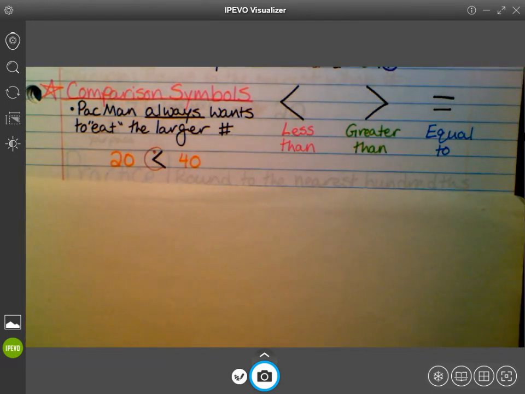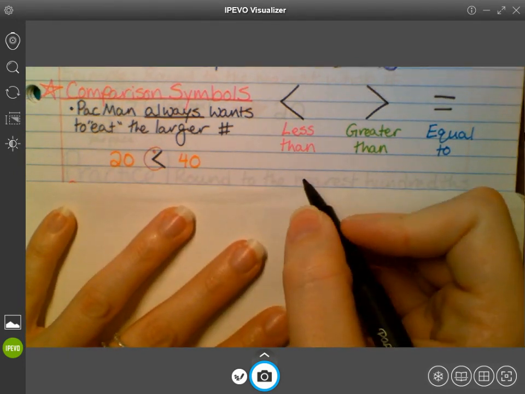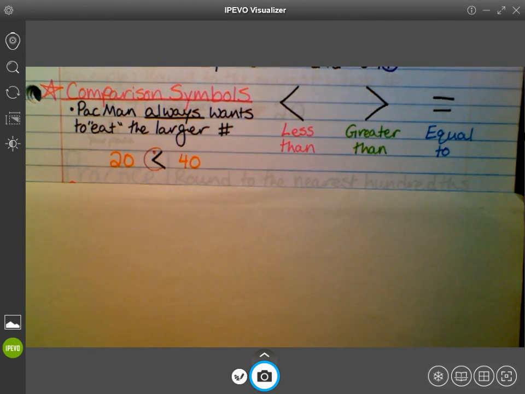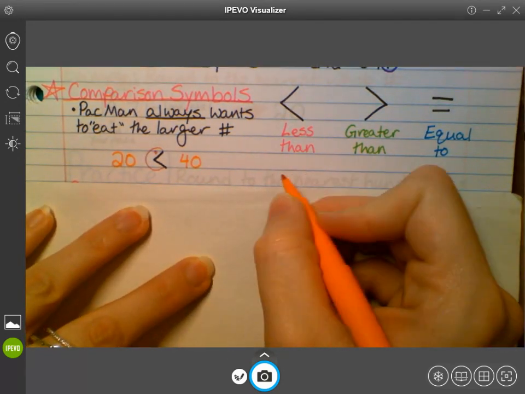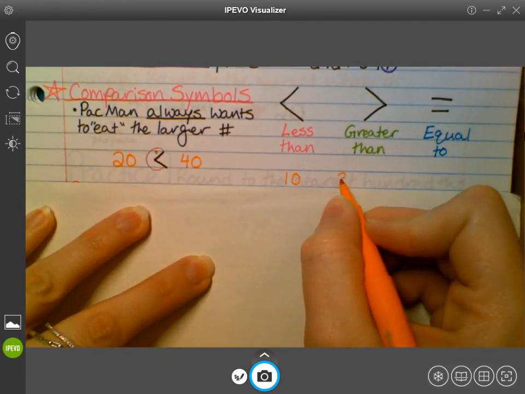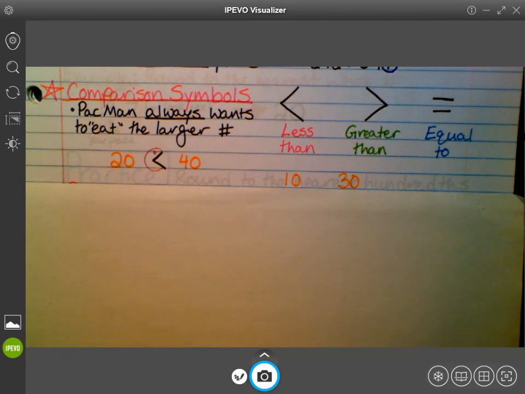Now I know some of you choose to write it as an alligator. So what you might do, if you have 10 and 30, which of these numbers is bigger? 30.